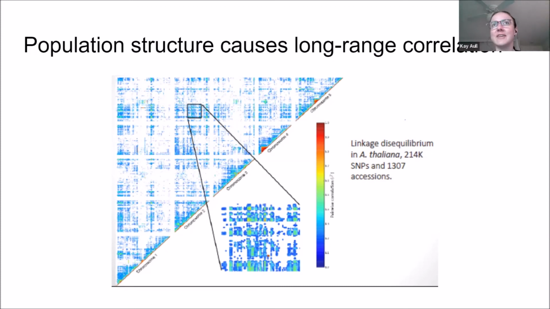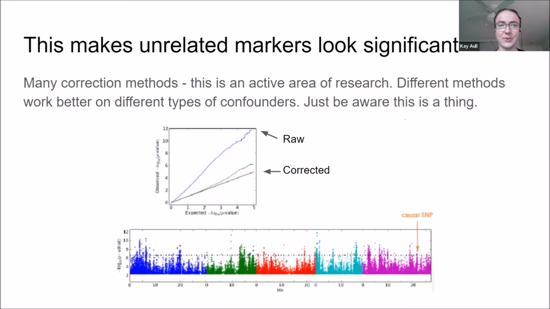Everything starts to look like it's associated because all of your alleles are at a slightly different distribution in your subpopulation because they're mostly breeding with themselves. And it's not just the causative SNP and things near it. So the characteristic signature for this, your skyline starts to look more like Manhattan.